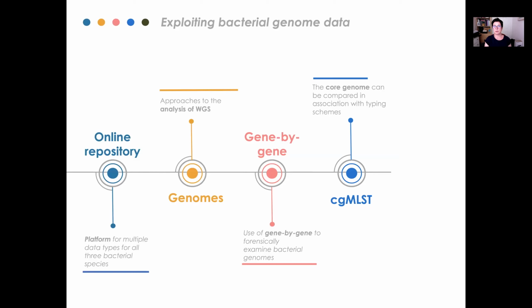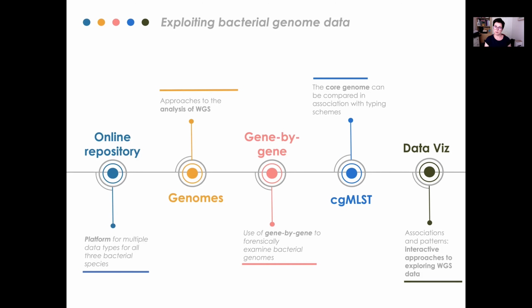We can then also extract their core genome MLST sequence types and then their core genome groups, and we can use that in association with typing schemes and then look at any patterns and associations. And this can be done using more interactive approaches to exploring whole genome sequence data and data visualization.